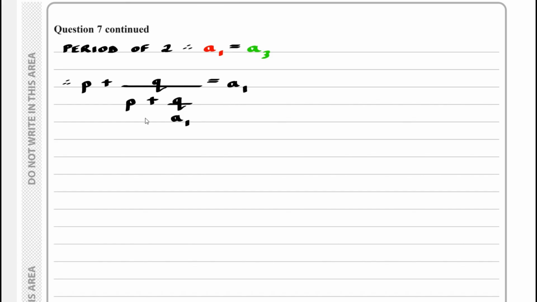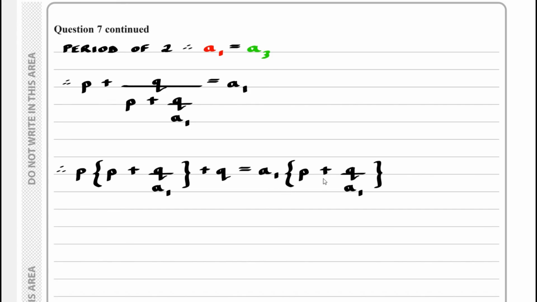And if I multiply through by (p plus q over a1), we end up with p lots of (p plus q over a1) plus q equaling a1 lots of (p plus q over a1). And if I multiply through by a1, I have a1p squared plus pq plus a1q equaling a1 squared p plus a1q.